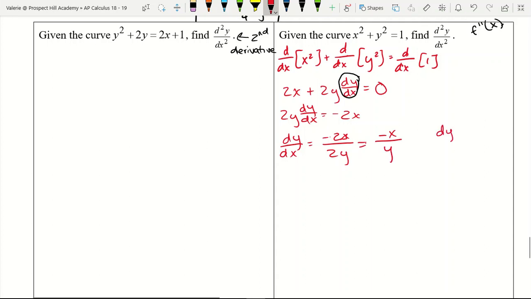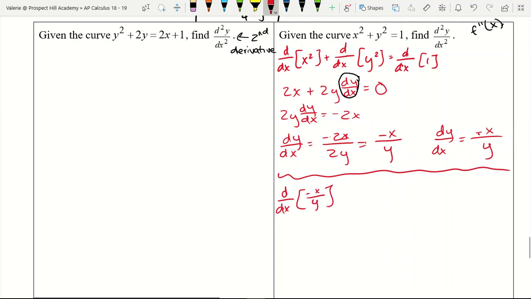Okay, so dy/dx equals negative x over y. Okay, so now we want the derivative of that. So what we're looking for now is d/dx of negative x over y.